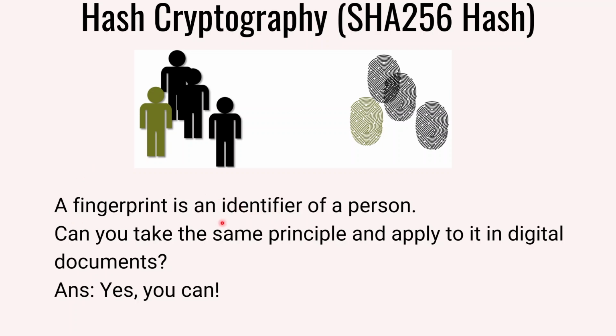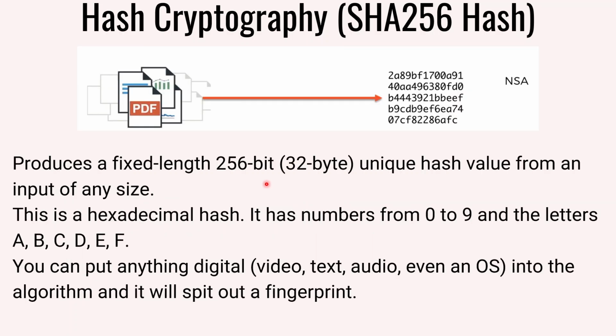How? This is how hash cryptography works. We can use a PDF, text, audio, and even an operating system and convert it to a hash number. SHA-256 is a hashing technology that produces a fixed-length unique hash value from an input of any size.